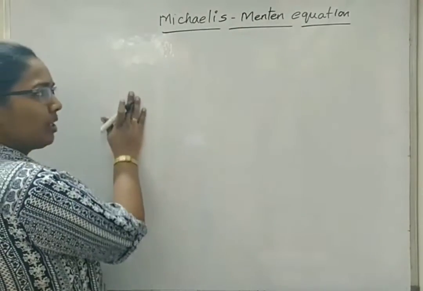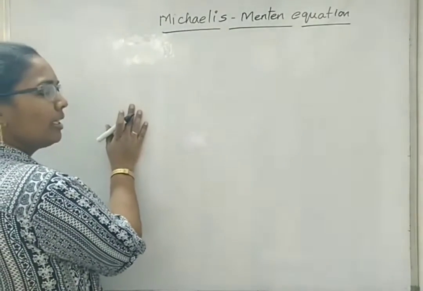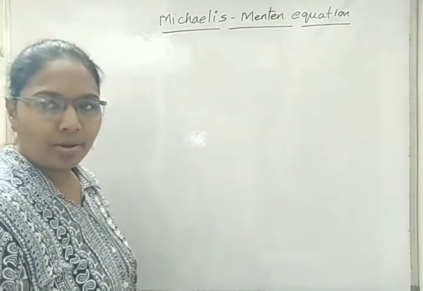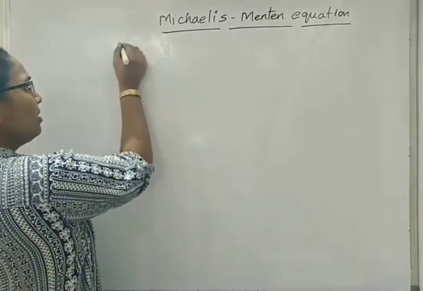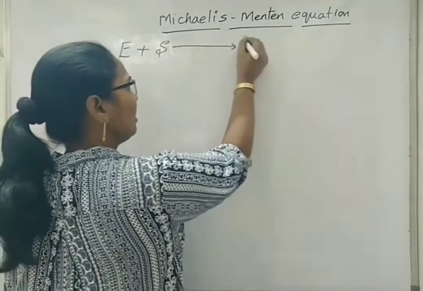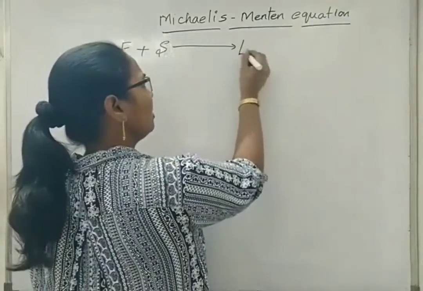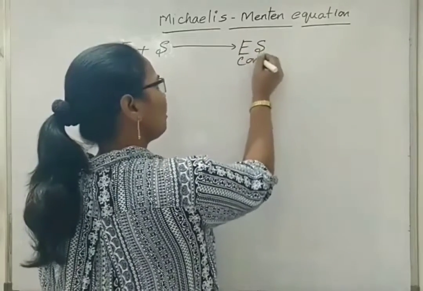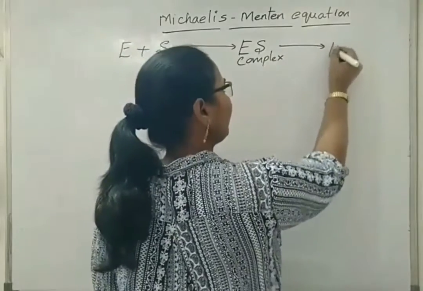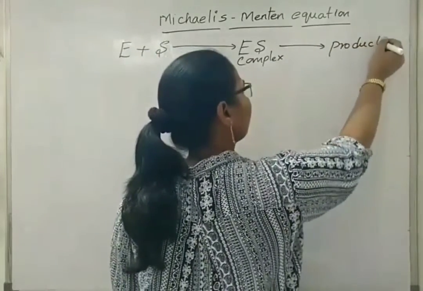To explain this total concept, based on the increasing substrate concentration and availability of the active sites of the enzymes, generally we write enzyme plus substrate gives enzyme substrate complex, which again gives out products.